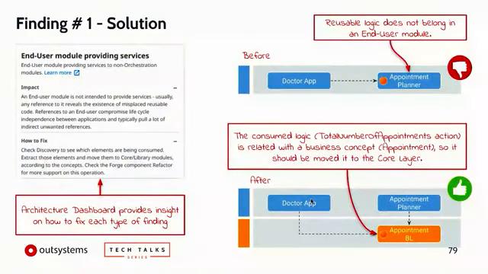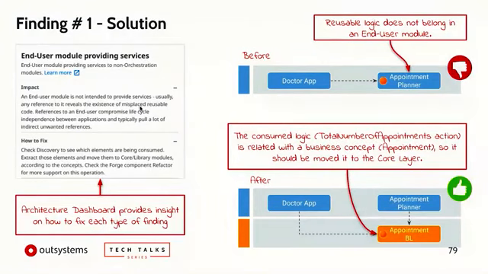Looking into detail to find the solution, the impact is saying that an end-user module is not intended to provide services, and some extra explanation. The recommendation to fix it is to check the discovery to see which elements are being consumed and then extract those elements and move them to a core or library module according to the concepts.